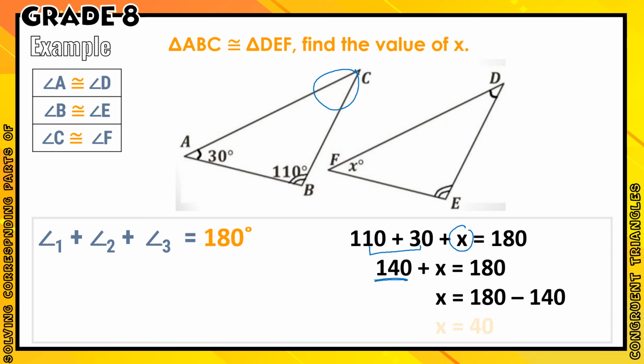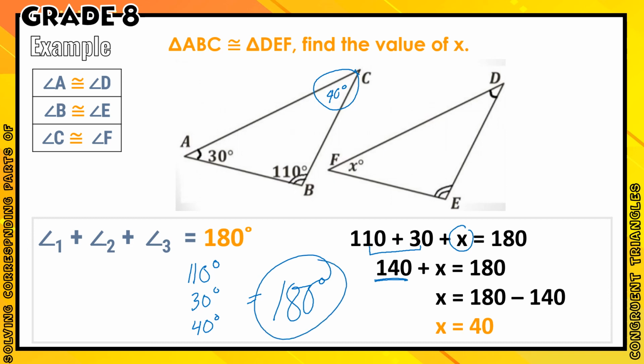Therefore, the value of x is 40 degrees. So 110 degrees plus 30 degrees plus 40 degrees, the sum is 180 degrees.